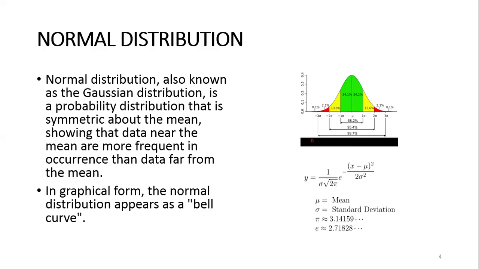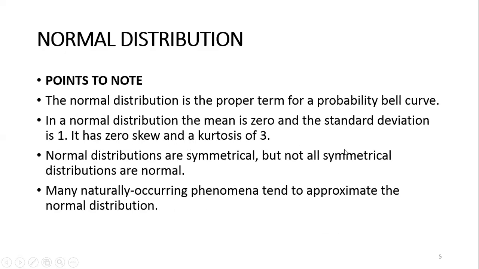They must have two equal halves, so the right and the left are like mirror images of each other. Okay. So normal distributions are symmetrical, but not all symmetrical distributions are normal distributions. A distribution may be symmetrical and yet not normal.